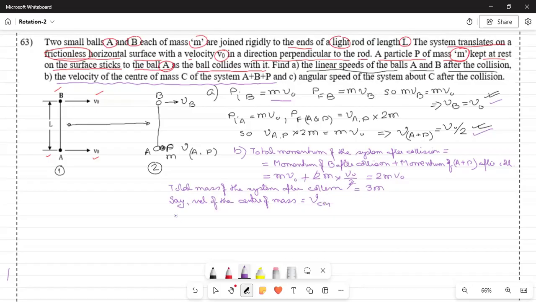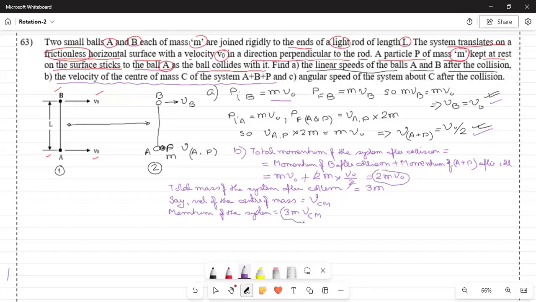Then the momentum of the system is equal to 3m multiplied by Vcm. And we have already found the momentum of the system to be 2m V0.